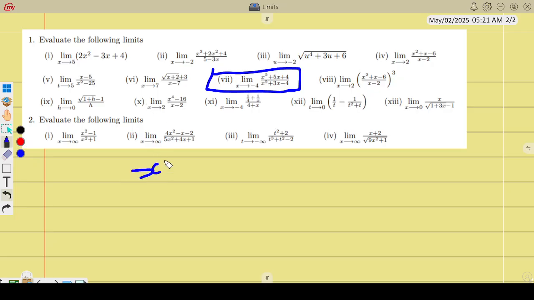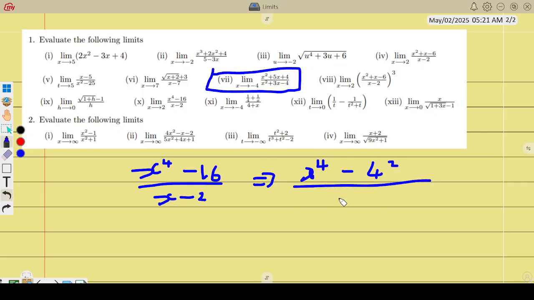Yeah, and then we have question 10. It is x power 4 minus 16 over x minus 2. So here this can be written as x power 4 minus, 16 simply means 4 squared, over x minus 2. So what will this mean? This means that we have a difference. x power 4, okay.